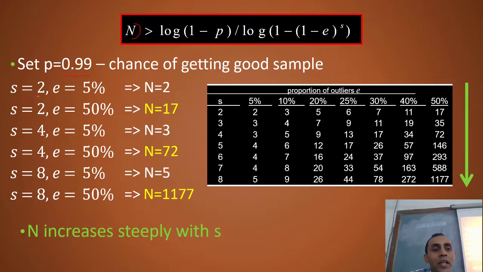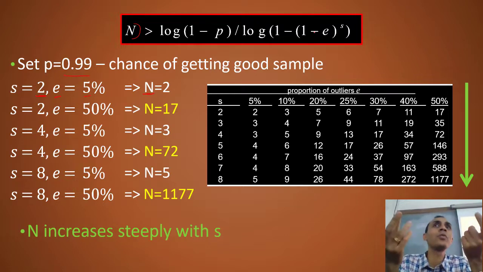So if our sample set size is 2 and our outlier ratio is 5%, that is, we have only 5% outliers in our sample space, then the value of n that we get... maybe let me tell you the other way. Before we solve this, let us say we had no outliers, everything was an inlier.